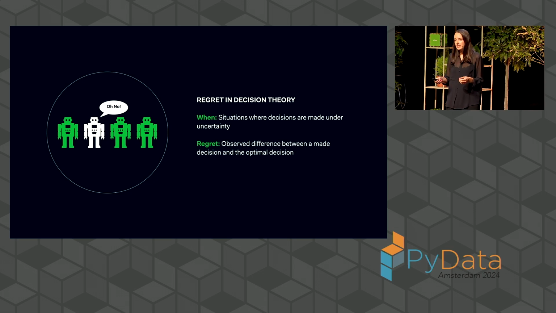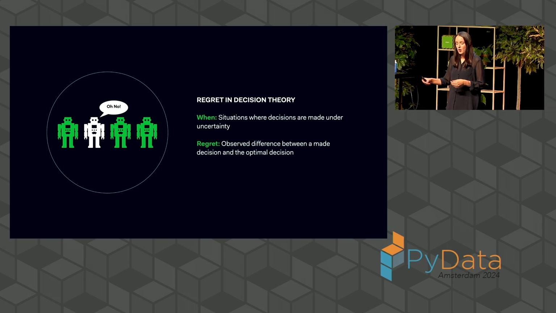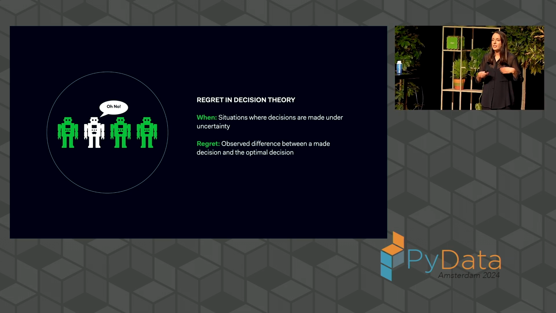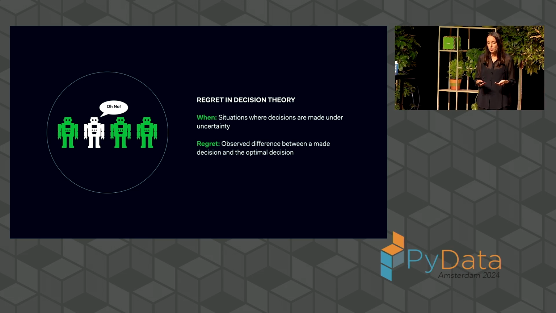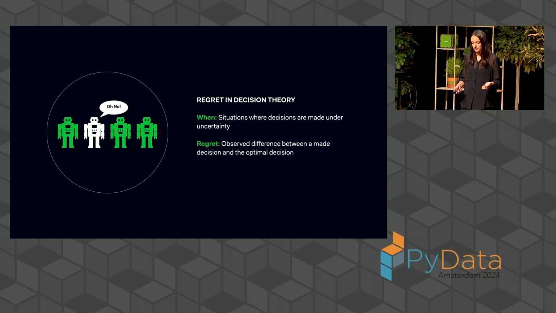That usually means some information about the best path of actions becomes available after I already took the decision. And in such a situation where I make a decision under uncertainty, I can sometimes observe that the action that I took actually turned out to be not the best action. As humans, we have a very natural response to this. This is the human emotion of regret.